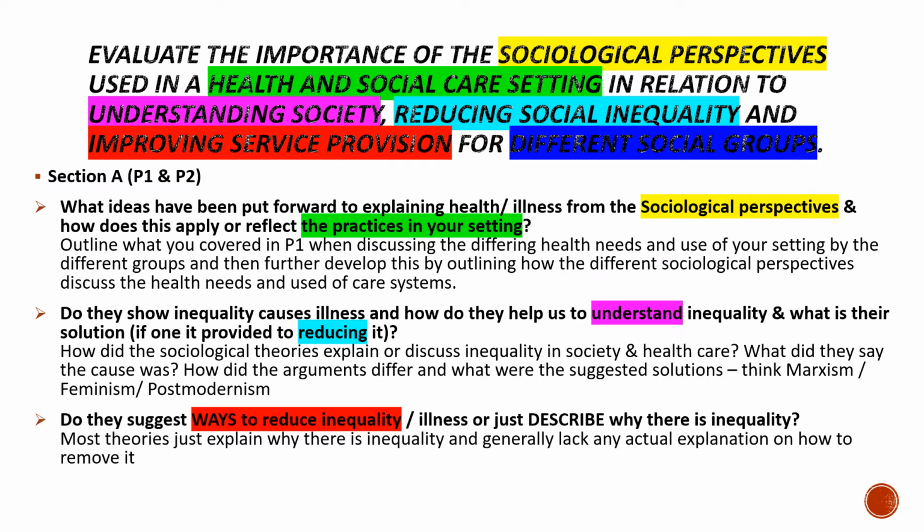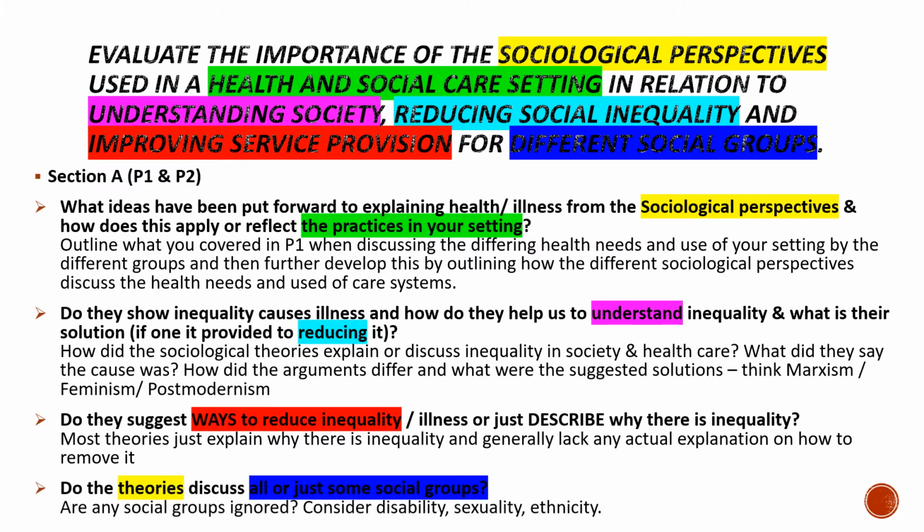So that kind of leads into my next point. Do they actually suggest any ways to reduce inequality, which kind of overlaps with the improving service element? Or does it just describe illness and why there is inequality? And what I would also suggest, maybe think about who the theories focus on. Are there groups that are ignored?